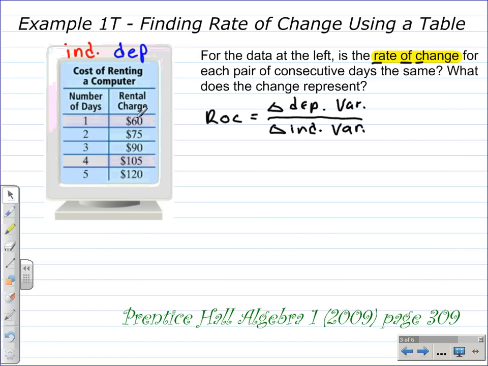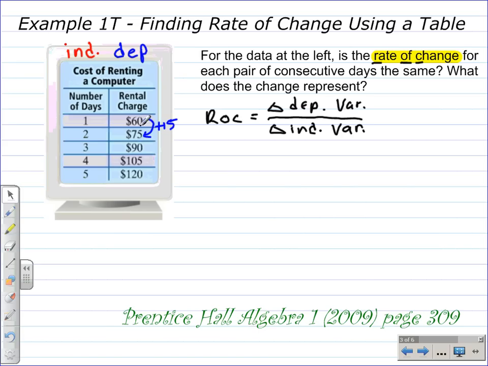For one day, there's a charge of $60, for 2 days, $75, and so on. So we wanted to determine if the change in the dependent variable over the change in the independent variable is the same for each set of consecutive days. So on day 1, you're charged $60, and day 2, that's an increase of $15.